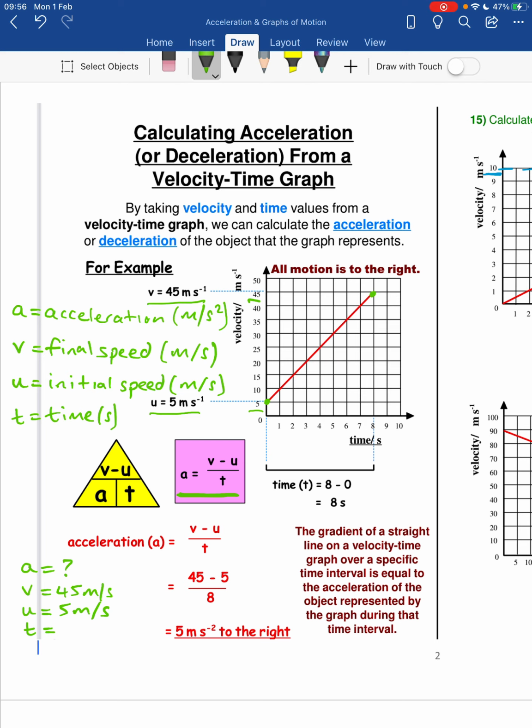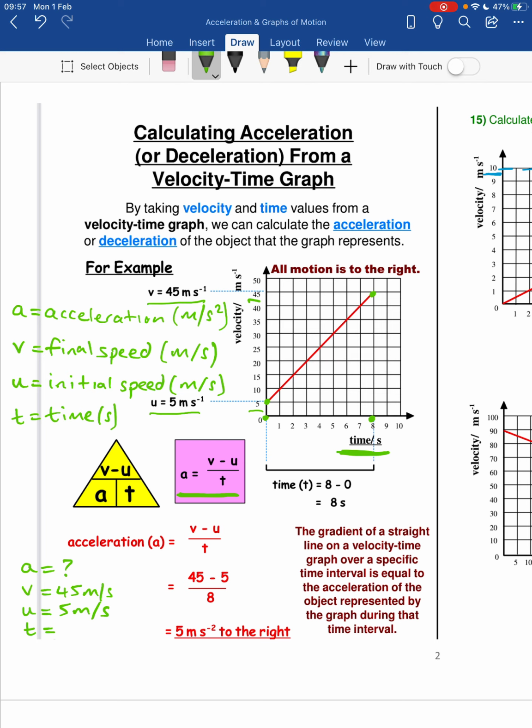And then the final bit of information we need to go into the equation is the time. So we need to look along the x-axis where we find time. You can see that the line starts above 0 seconds and it finishes above 8 seconds.